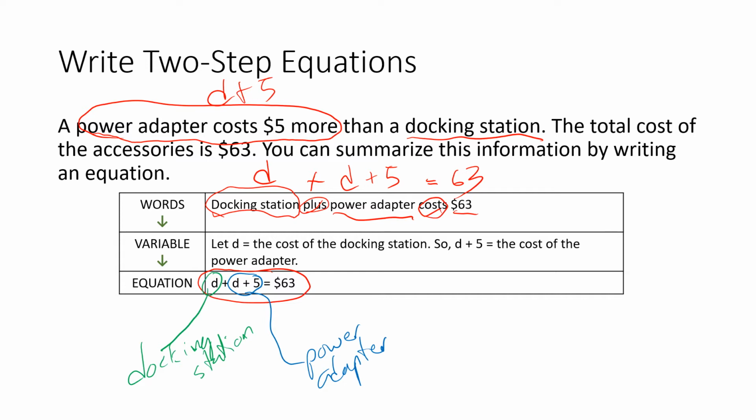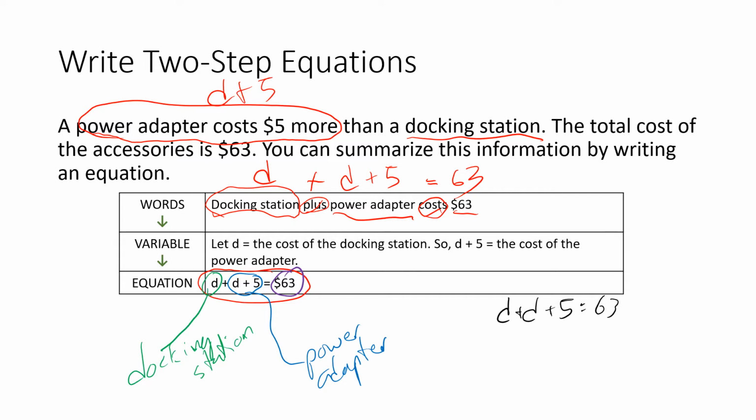And we were told in the word problem what them added together is going to equal. So that means our equation is D plus D plus 5 equals 63. Although this problem doesn't necessarily ask us to solve it, we've just been asked to turn it into an equation, we can solve it. And I want to go ahead and solve it real quick for us.